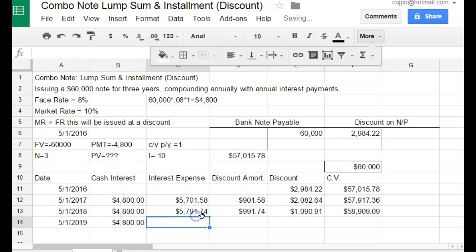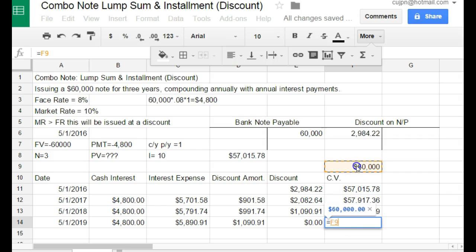Once again, I have my interest expense, principal times rate times time. I'm going to have my discount account, and then you can see, oh, it worked out nice and even. I worked it down to 0, and then once I take this and minus 0, I work my carrying value to 60,000.